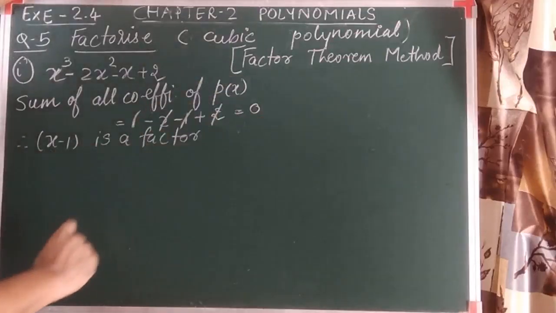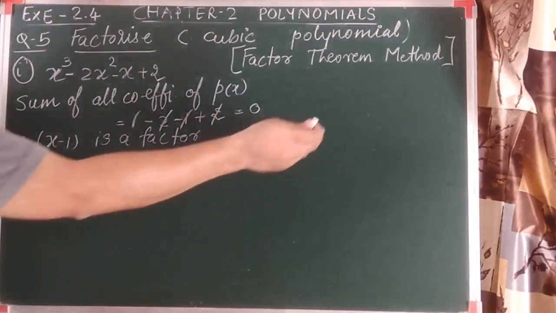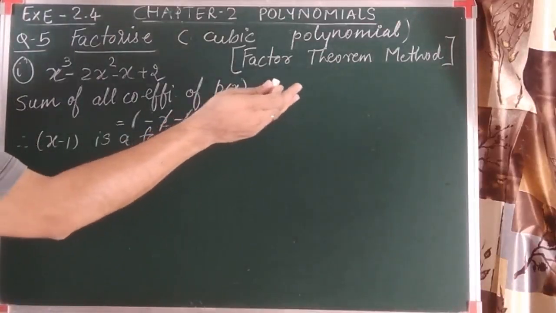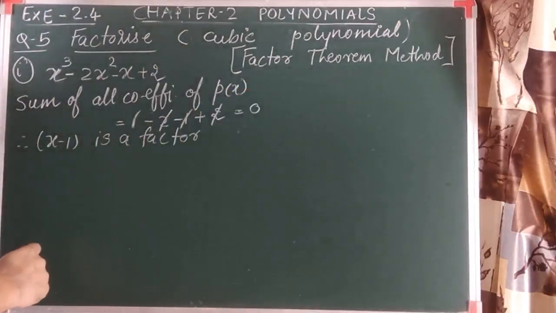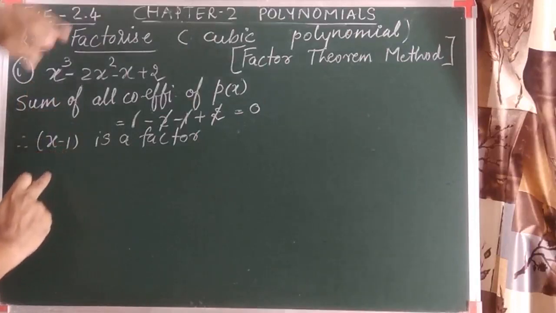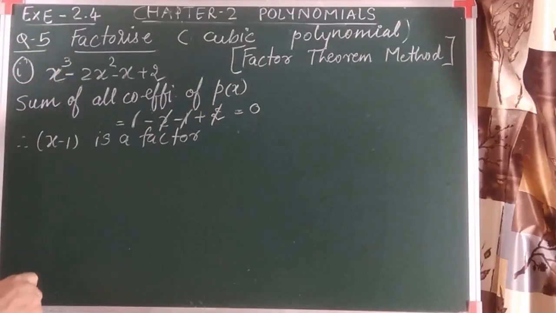So here we'll use one method to do the further steps. It is not mandatory to show in the examination, but this is quite a unique method that helps you understand how to find the remaining factors. As it is a cubic polynomial, we must have 3 factors. One factor we have obtained; the rest of the 2 we will see how to find.